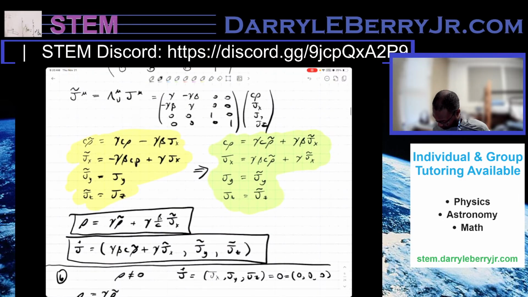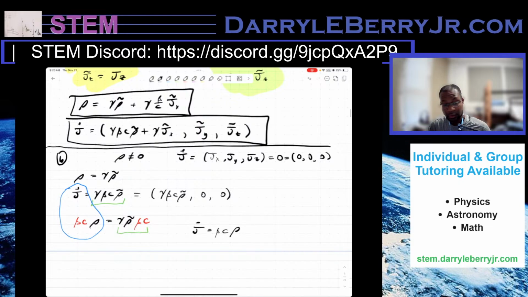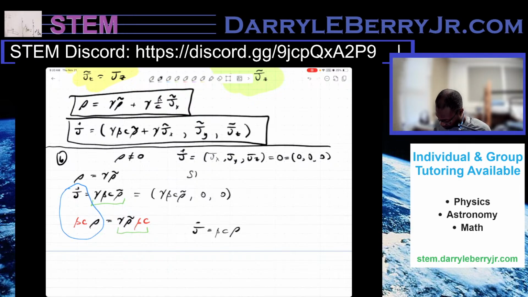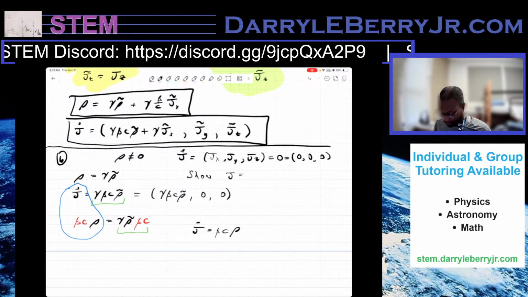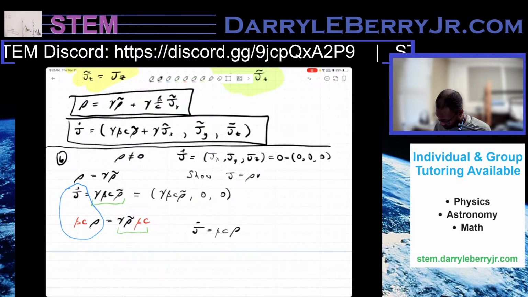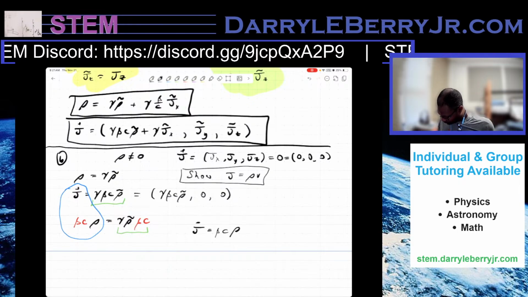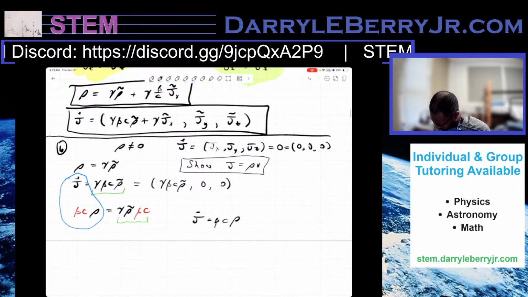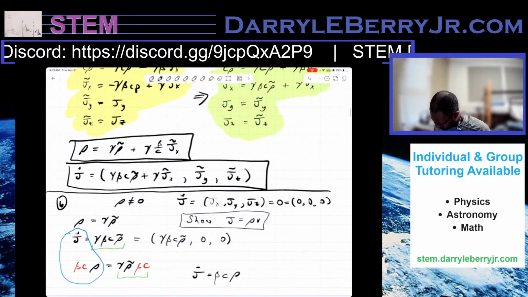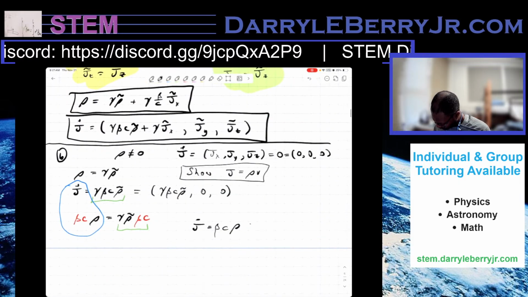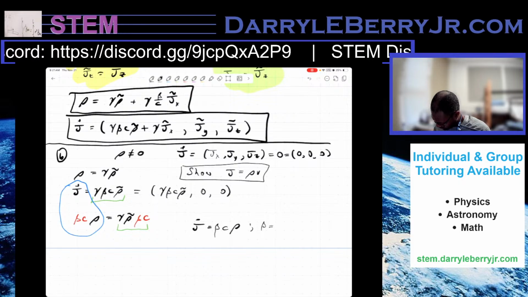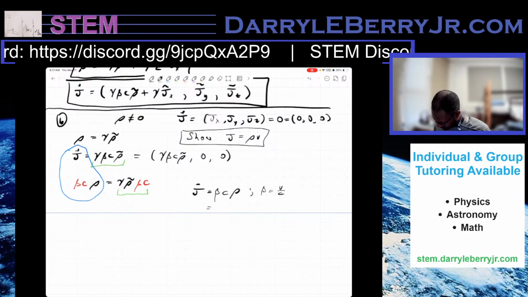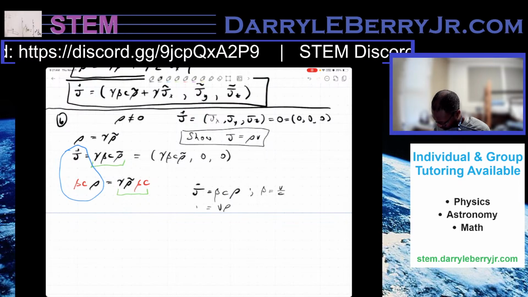To prove that J equals rho V. Okay, so this is rho C, and we know that V equals V over C. So that's V over C times C, so that is V rho.